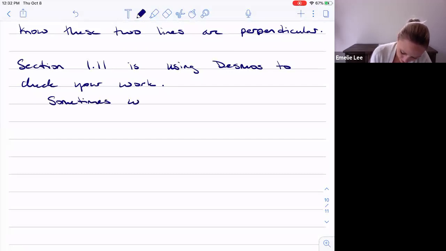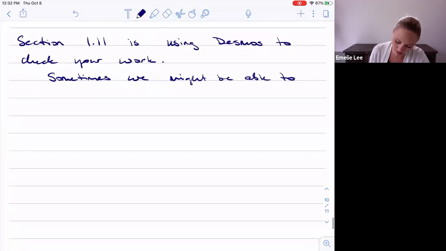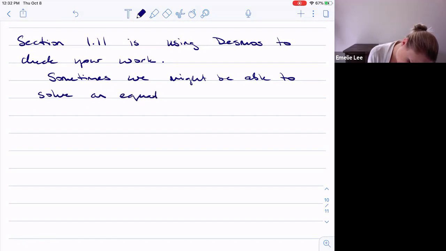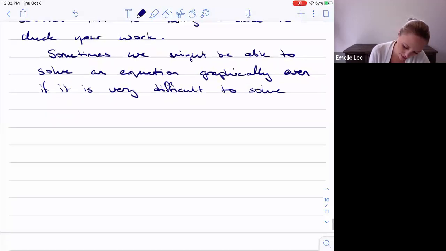Sometimes we might be able to solve an equation graphically, even if it is very difficult to solve algebraically.